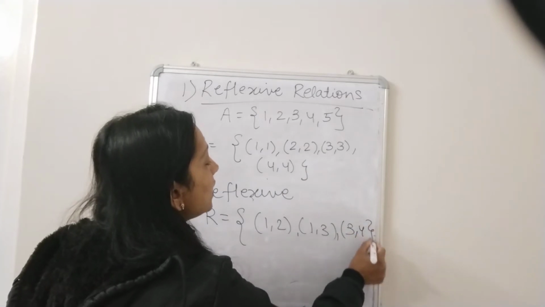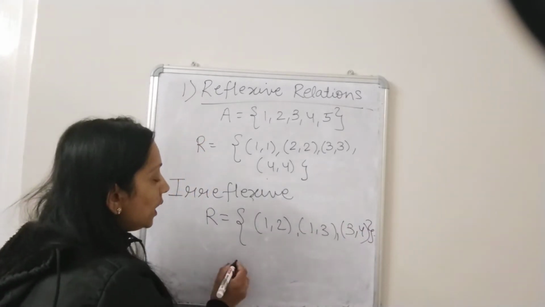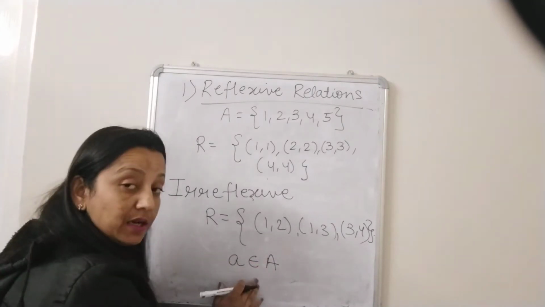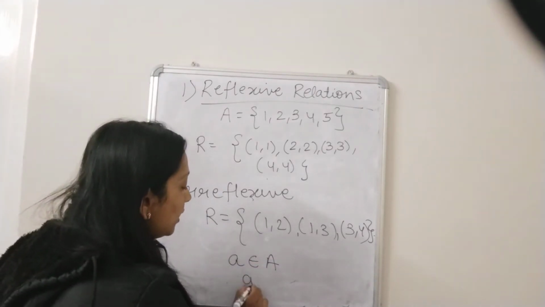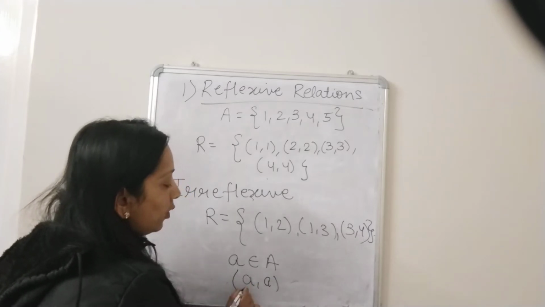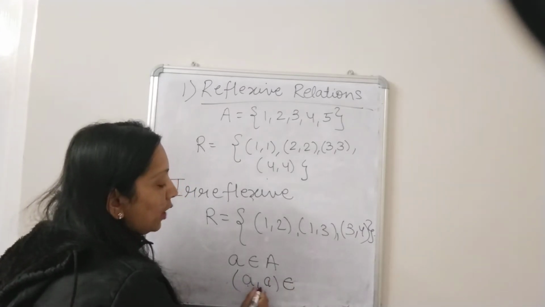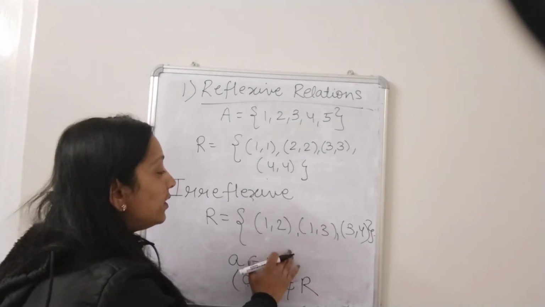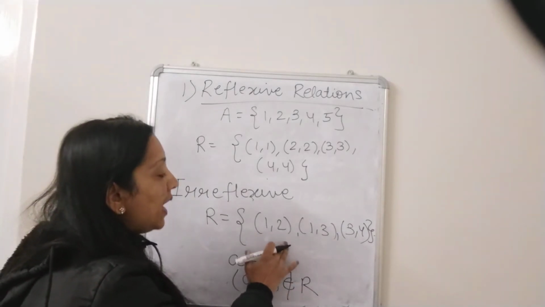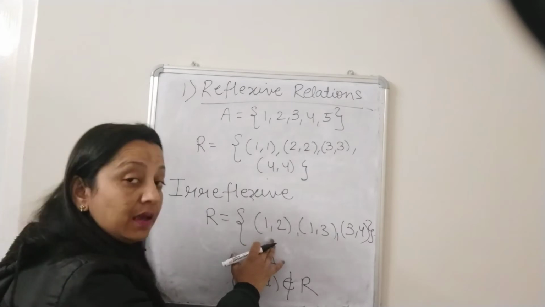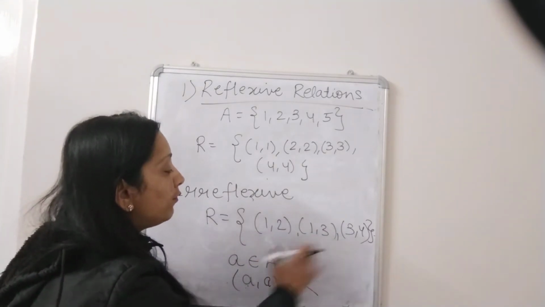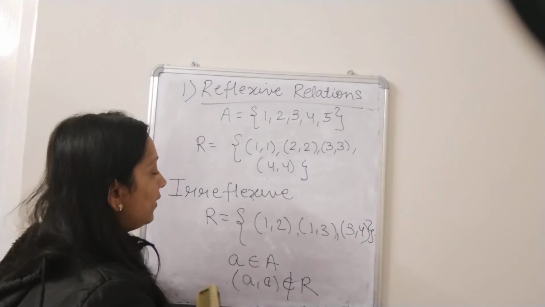That means for every element that belongs to set A, the form (a, a) will not belong to the relation set. Never in the relation set will you have an ordered pair whose elements are the same. So it can be (1, 2), (1, 3), (3, 4). In this case it is irreflexive.